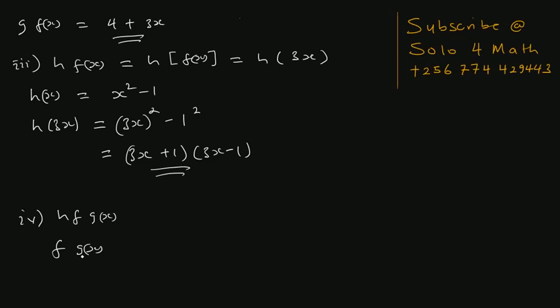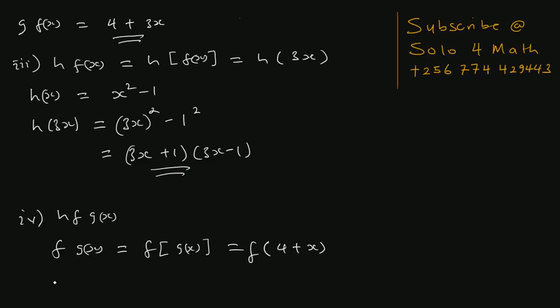So what is f of g(x)? We are saying that this is the same as f of g of x, which is the same as f of what was g(x)? Actually, we already have this. f of g(x), we already have it. But maybe just remind ourselves, g(x) was 4 plus x.